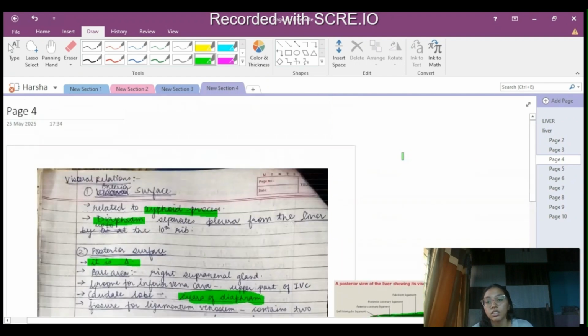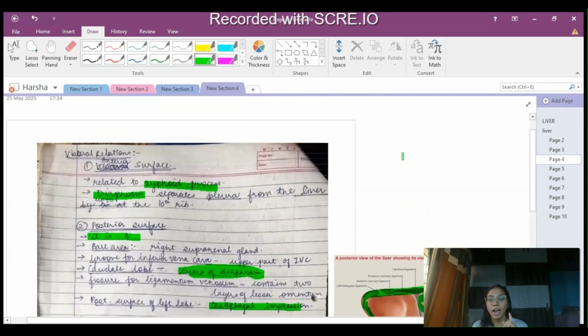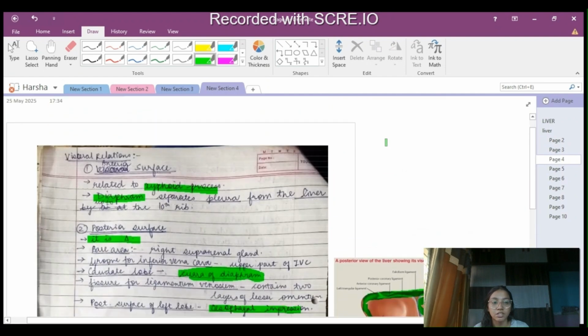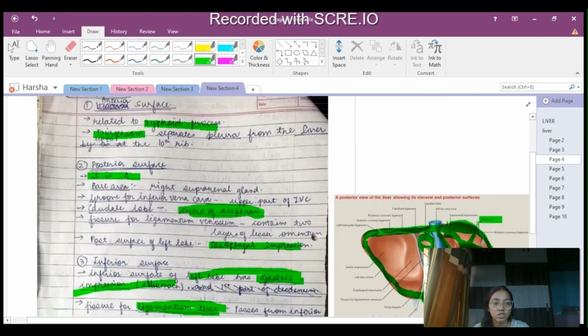Then we have covered anterior surface, posterior surface, inferior surface, and now lastly we'll be looking at the right surface. So the right lateral surface is quadrilateral and it is concave. As you can see, this is quadrilateral and this is concave, like this.